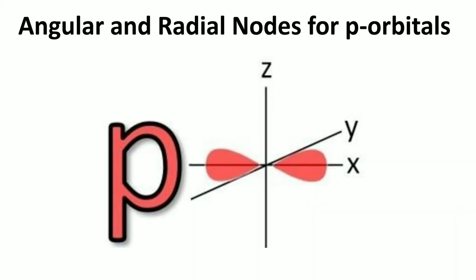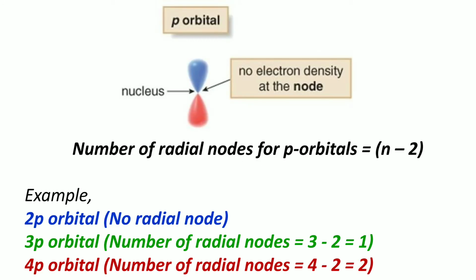Now come to the p orbitals. Now let's calculate the angular and radial nodes for p orbitals. As we can see, there are 3 p orbitals, px, py and pz, and the p orbitals consist of two sections called lobes that are on either side of the plane that passes through the nucleus.